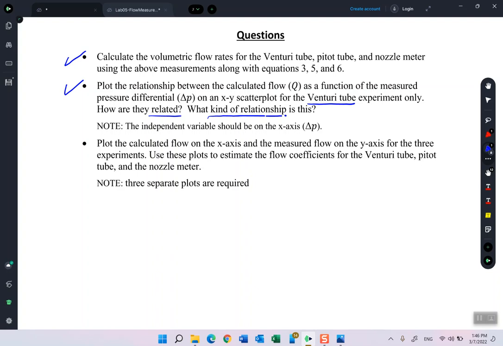And the inverse, when one thing increases, the other decreases. So what do you think the relation between delta P and Q is? Is it direct or inverse? Just by looking at equation number 5, you can answer this question. Is it direct or inverse?